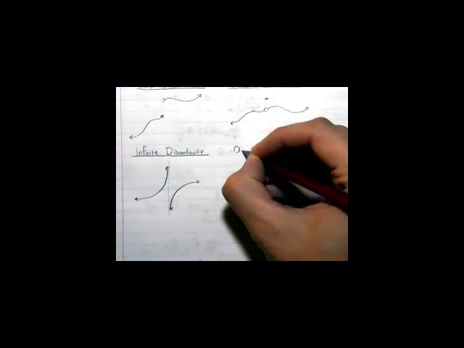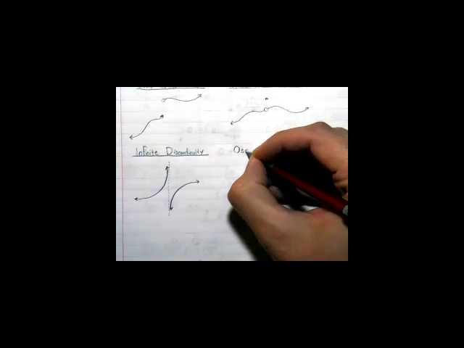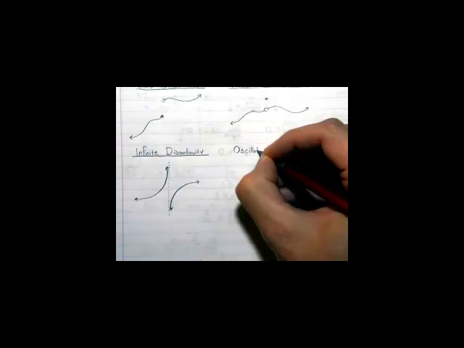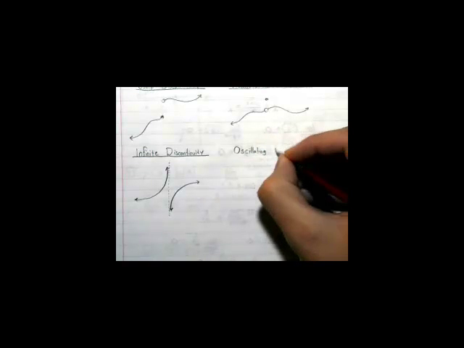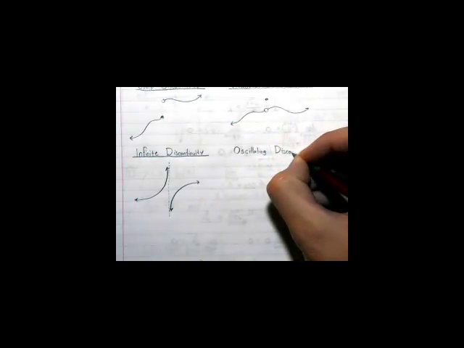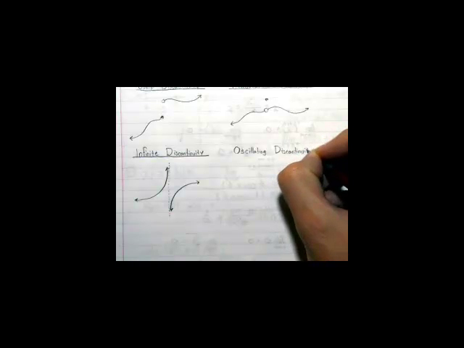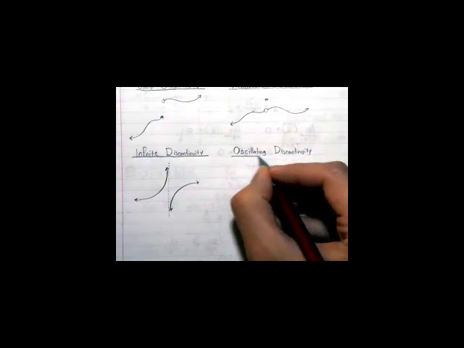And then there's another one that is really rare, but still exists, so it's worth talking about. And that's an oscillating discontinuity. These are challenging to draw, so bear with me.